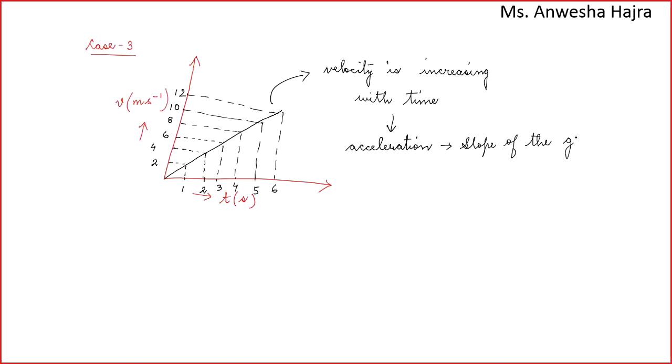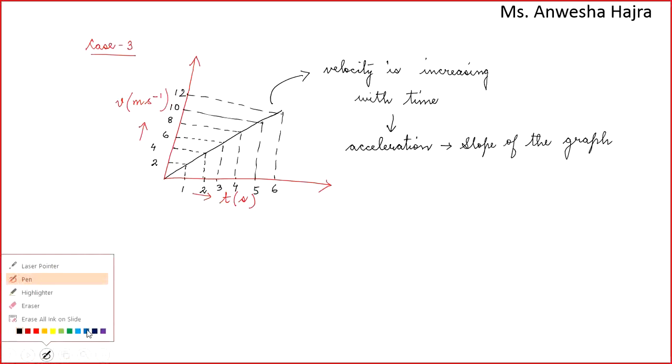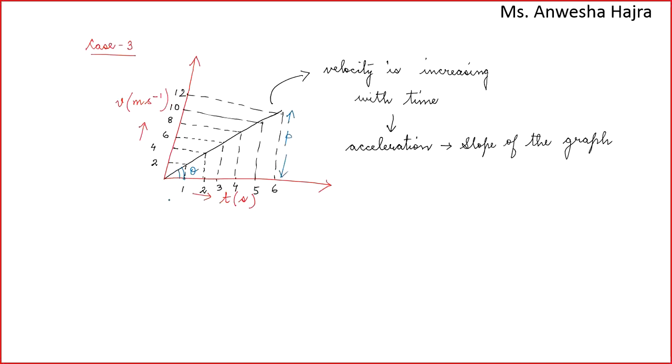Now, what is slope? Slope is tan theta. This angle is theta. Slope is perpendicular by base. So perpendicular is 12. Base is 6.